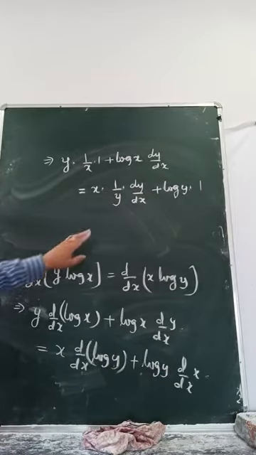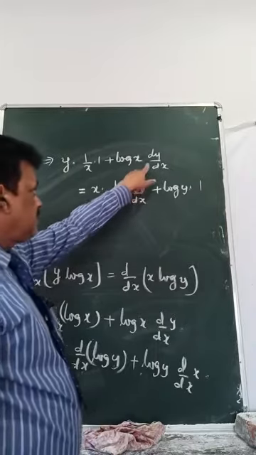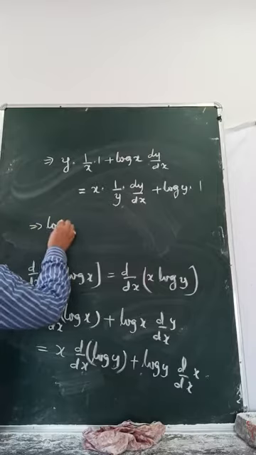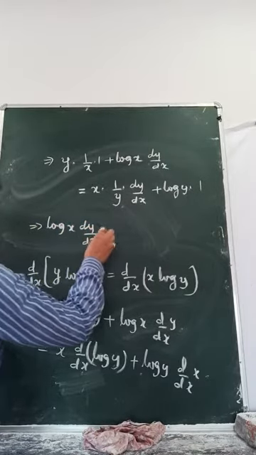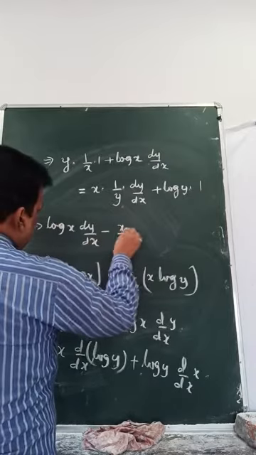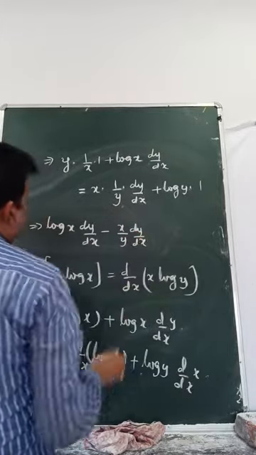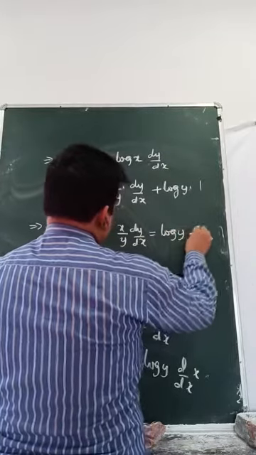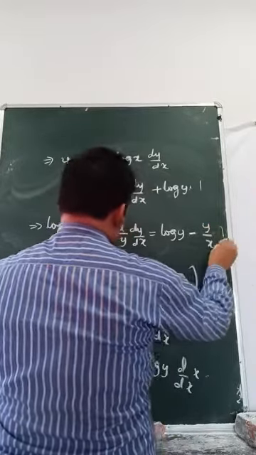Look at here. dy by dx is here, dy by dx is here, so keep them together. I can write log x dy by dx minus x by y dy by dx equals log y, and this will come that side, y upon x.